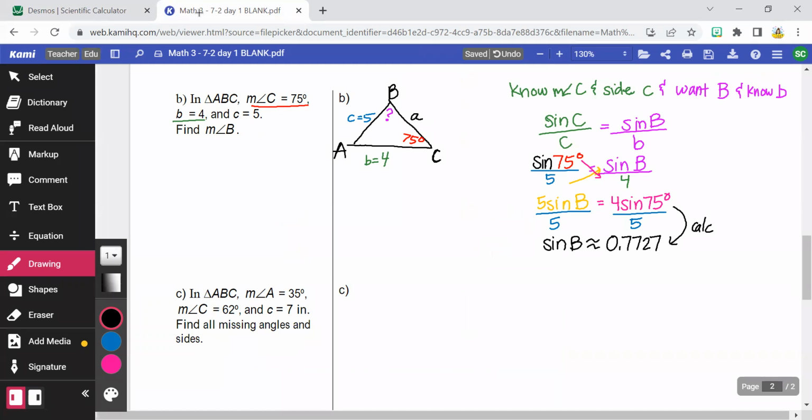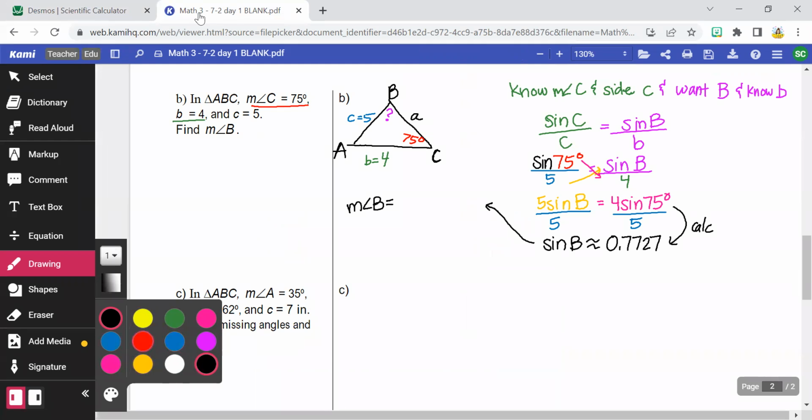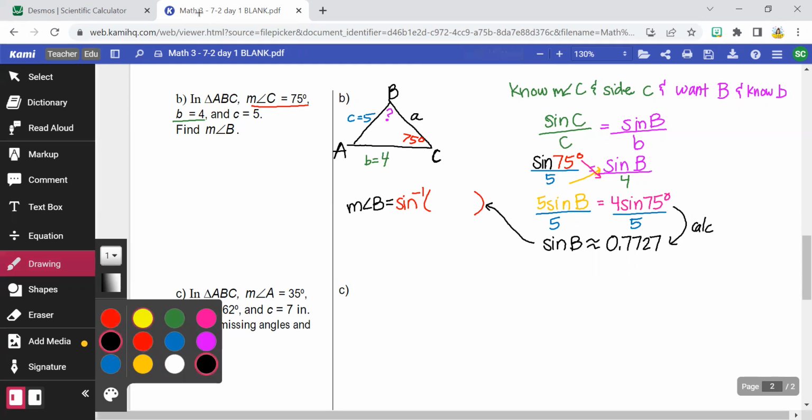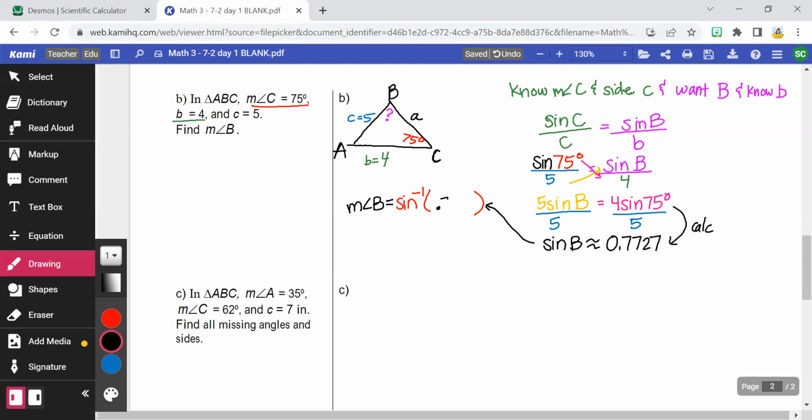Remember, this means, and I'm going to move over here, that the measure of angle B is equal to the inverse sine function of that decimal, so of 0.7727. Okay, so let's evaluate that in the calculator.